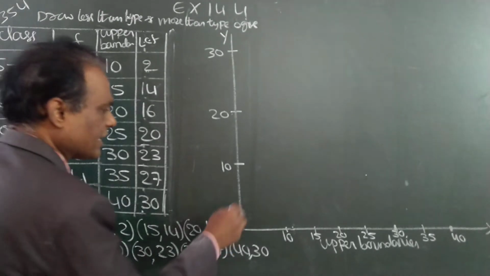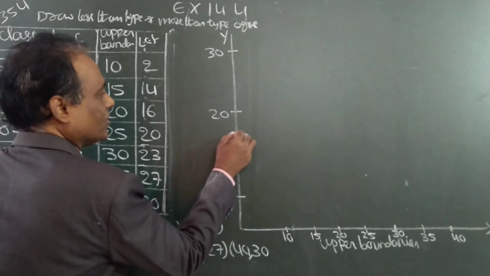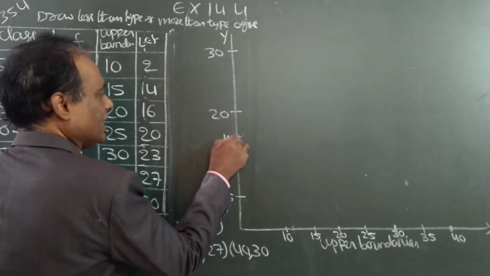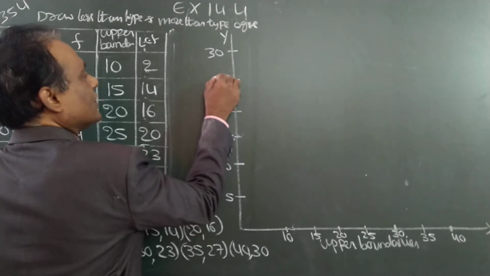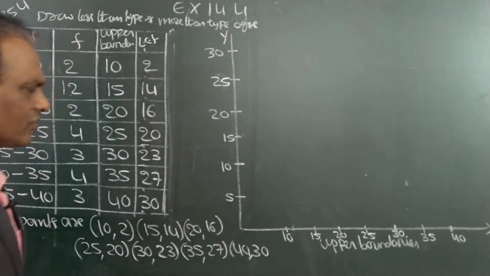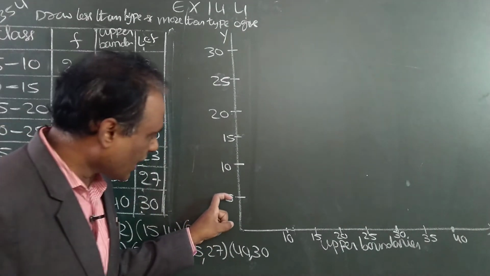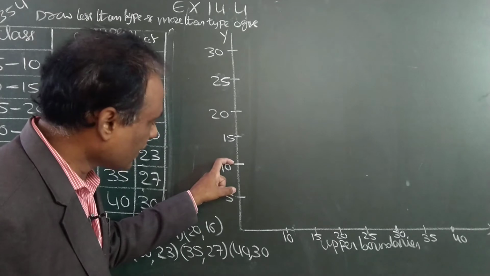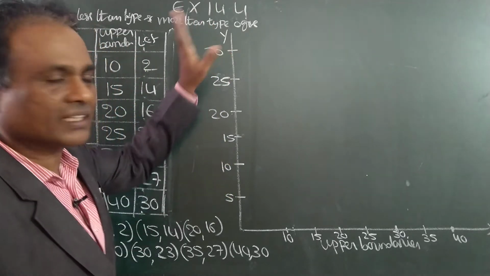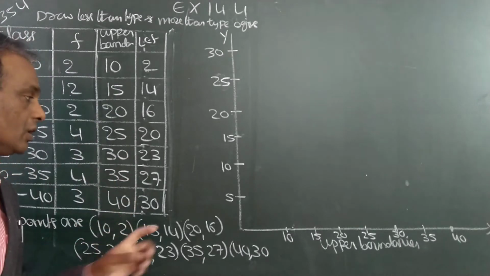Or if you want, you can take 5 here: 5, 10, 15, 20, 25, 30. Each big box has 5, the next big box has 10, and so on. So we have big boxes and small boxes on the graph paper.